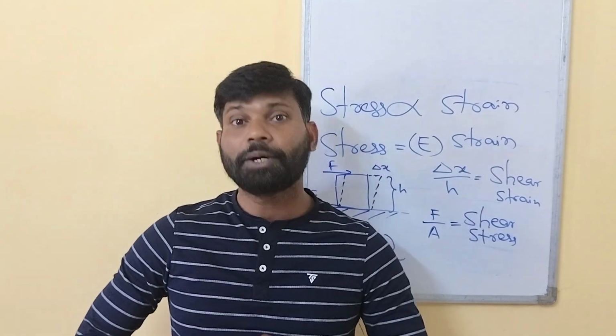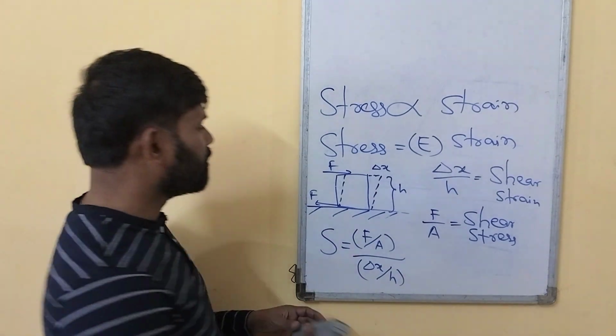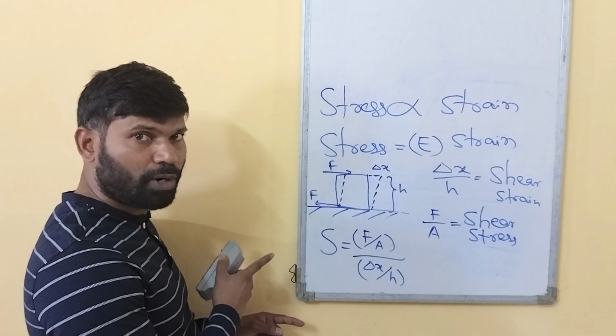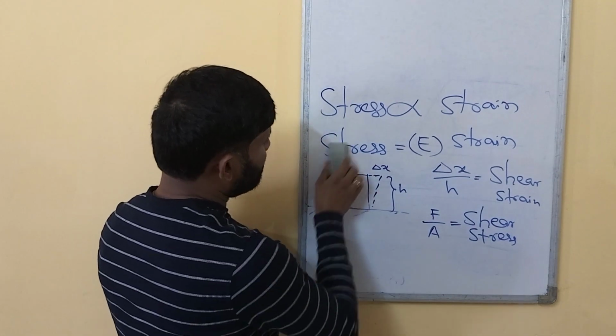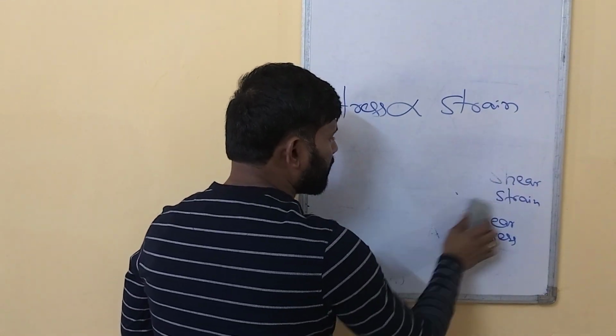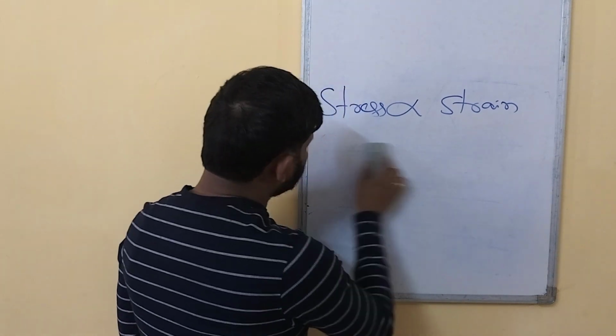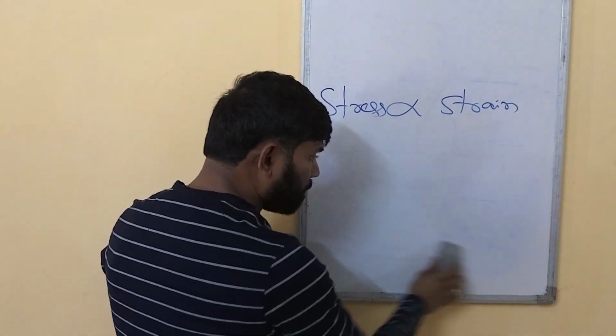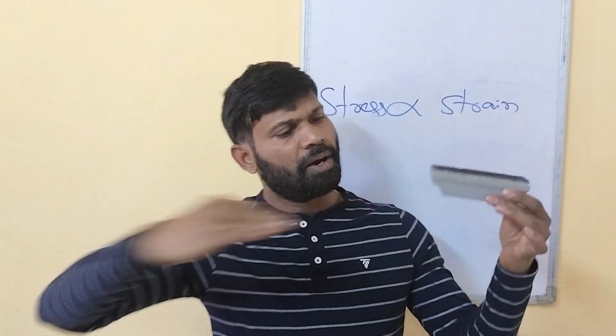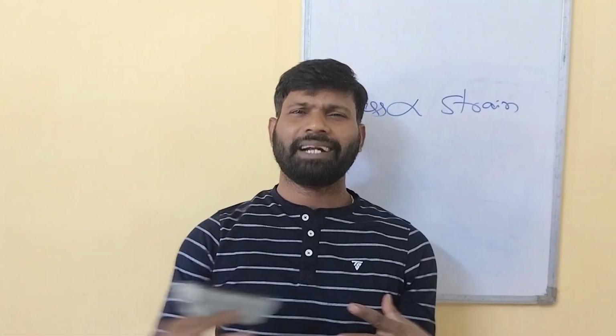Third one, bulk modulus. Clearly note down. Bulk modulus means force applied on all sides. This is a duster. I am applying force from bottom, from top, from left, in all directions. It is compressed. When does it happen? Can you swim? Why am I telling this?